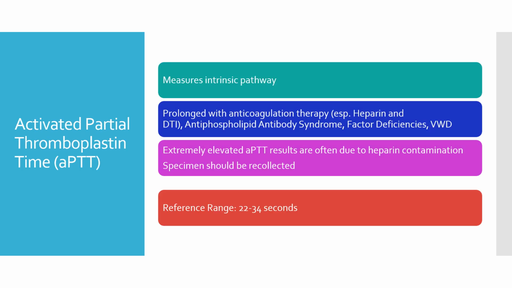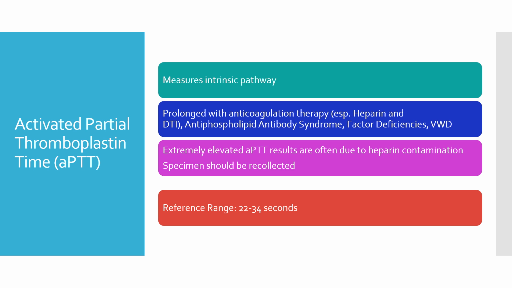The activated partial thromboplastin time, sometimes called the APTT, or you may hear it just called the PTT, measures the intrinsic pathway. It can be prolonged with anticoagulation therapy, specifically heparin and direct thrombin inhibitors.